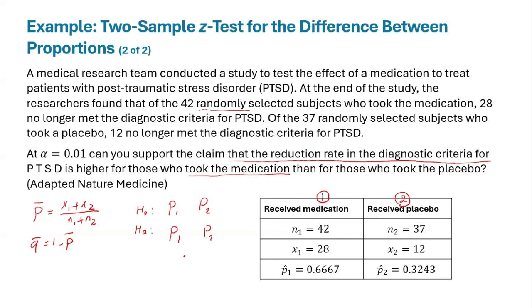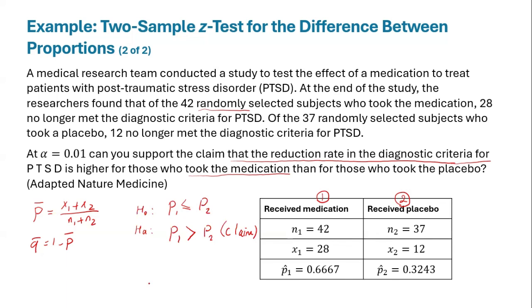And since we have a higher rate for those who took the medication, that means p1 must be greater than p2. It goes in the alternative, and we make sure that's the claim. And if the alternative is greater than, that means the null is less than or equal to.